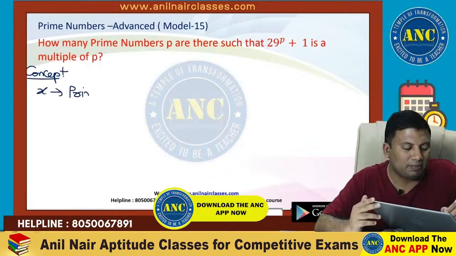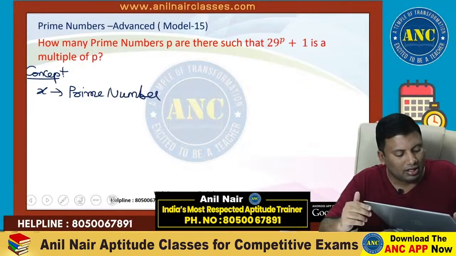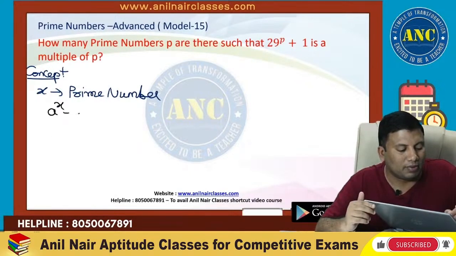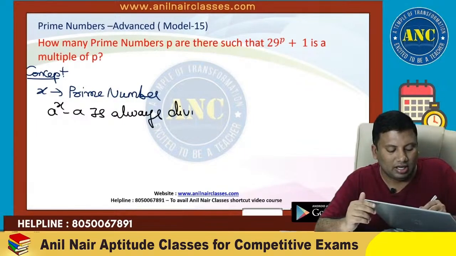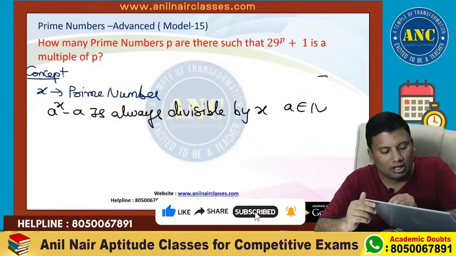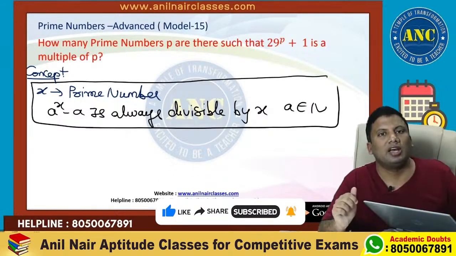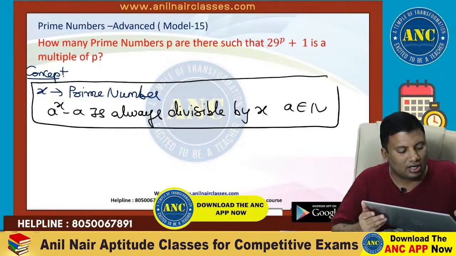If x is a prime number, a power x minus a is always divisible by x, if a is a natural number.